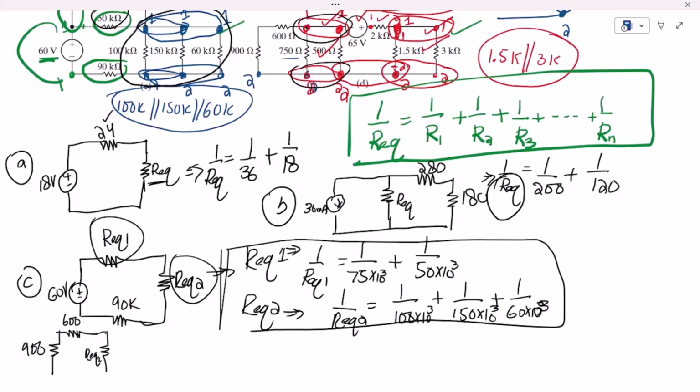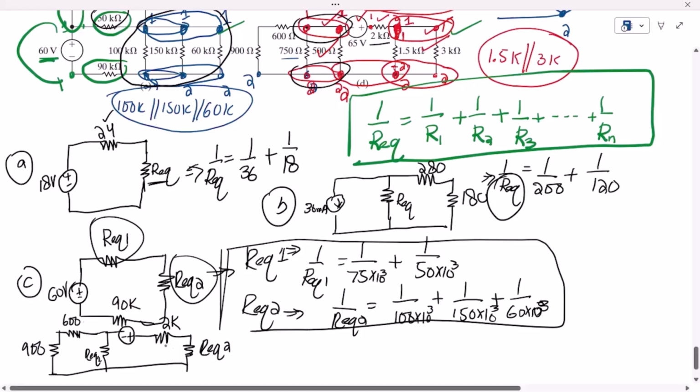With it here is the voltage source, negative and positive, and here we have this 2K resistor. The other two resistors, which are again in parallel with each other, are now in series with it, and let me call it R equivalent 2. So these are now connected like this.